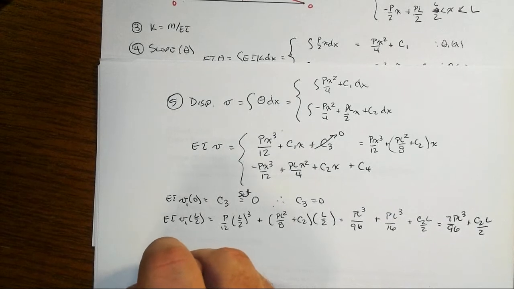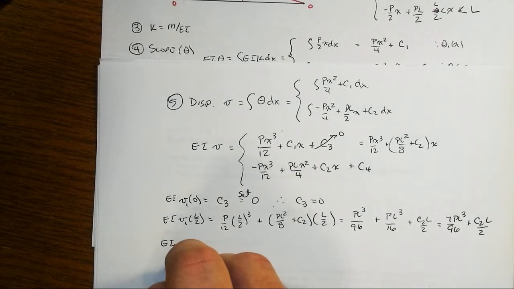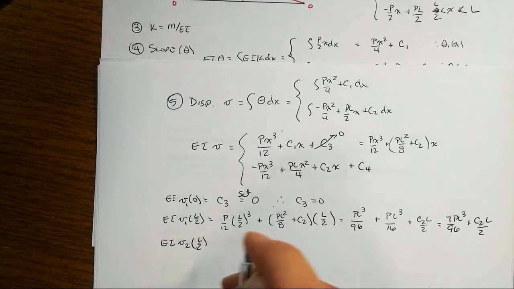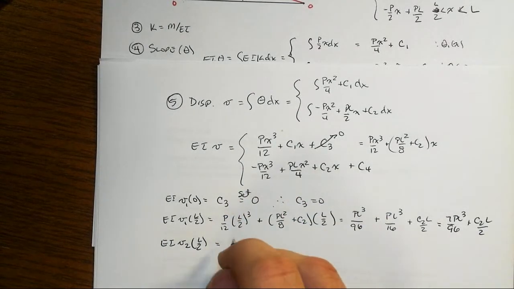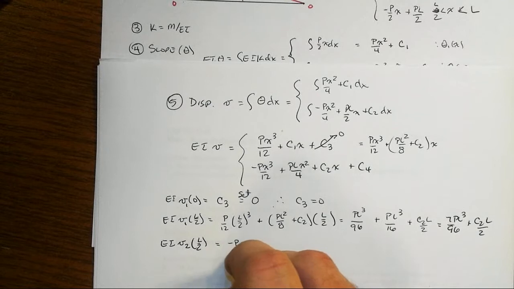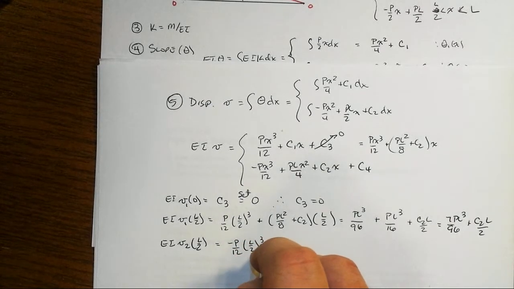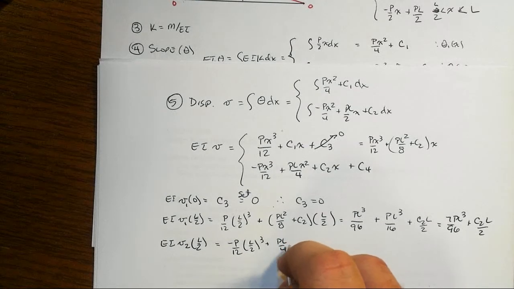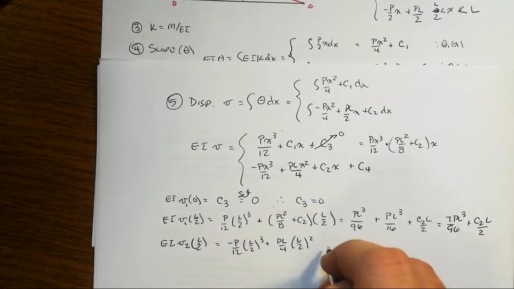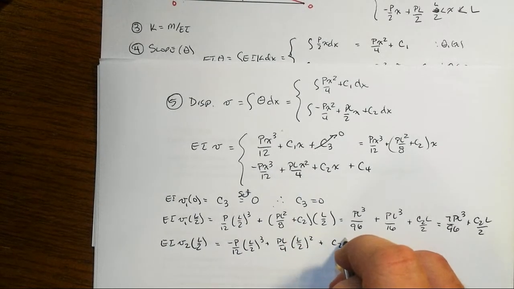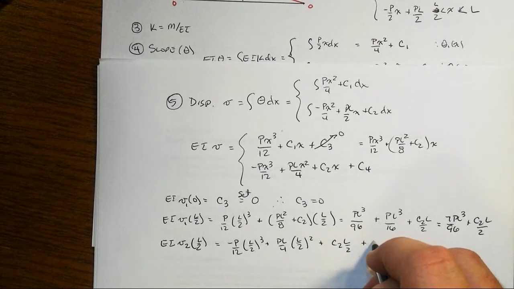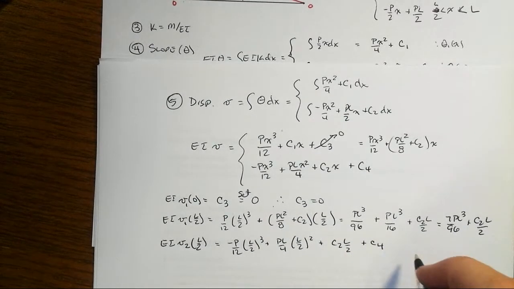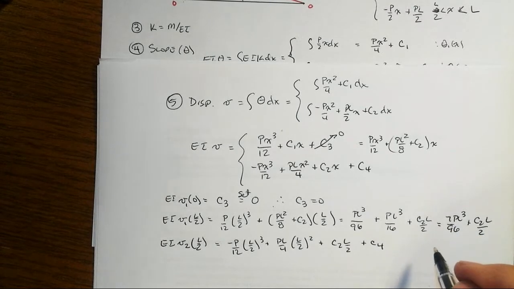It's very much painful. Let's look at what happens with the second one, which is going to be even worse. We've got all this nastiness. So minus P over 12 times L over 2 cubed plus PL over 4 times L over 2 squared plus C2 times L over 2 plus C4. Now these two have to be equal to each other.